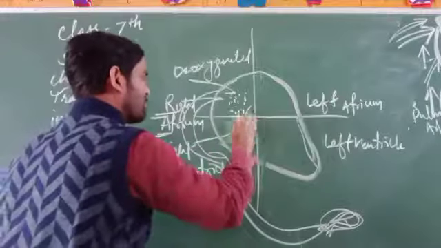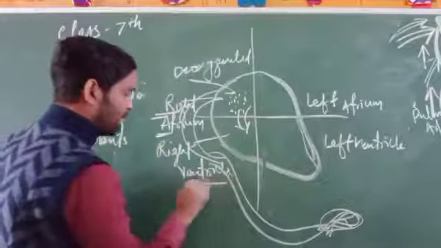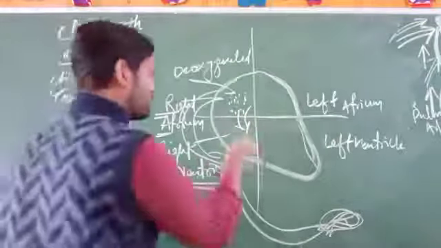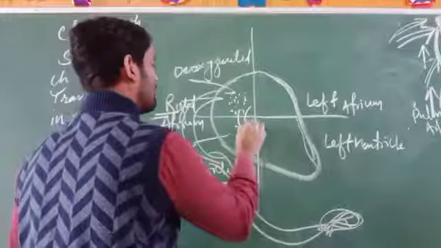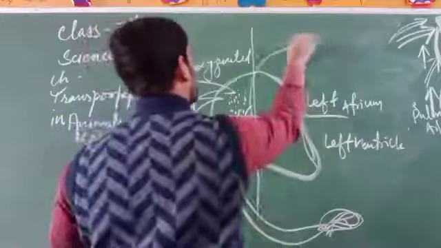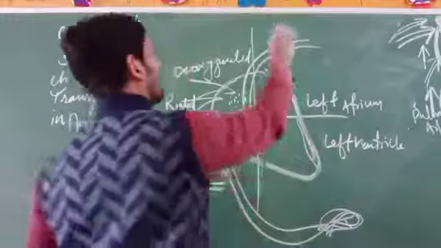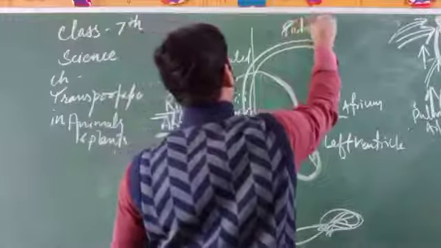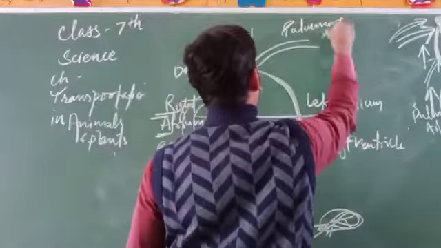From the right atrium, it reaches the next chamber, the right ventricle. From the right ventricle, there is a pulmonary artery attached.